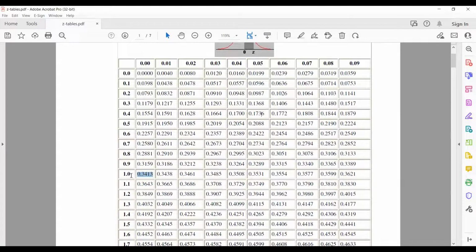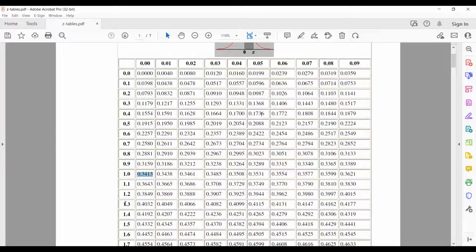Remember, the 1.0 is the Z value. If you go 1.0 plus 0.00, you get 1.0. So the number that corresponds to 1 is 0.3413. Therefore, this 0.3413 is the area between 0 and 1.